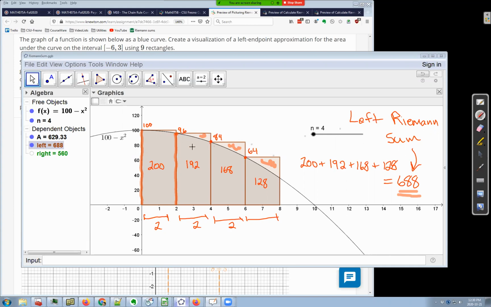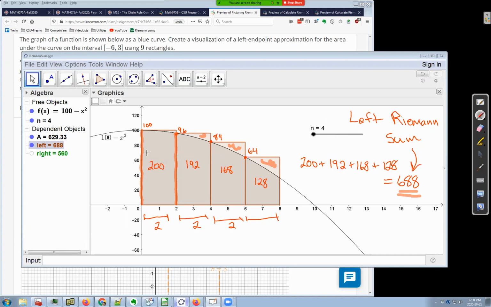If you use the left-hand side of the rectangle to determine the height, then we call it a left Riemann sum. But if you use the right-hand endpoints to determine the heights of the rectangles, then we call it a right Riemann sum. Oh, and in general, you might say, do we ever mix and match?